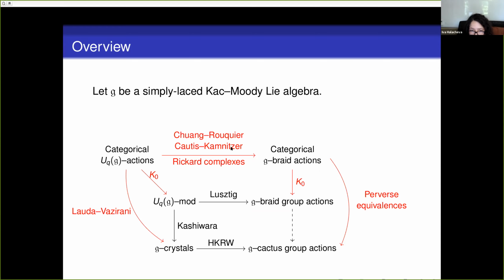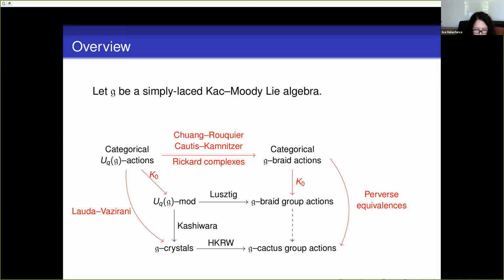We would like to look at these Rickard complexes in more detail and understand how to get to a cactus group action from them. Okay, so that's my first slide, and that already took 5 minutes, but I don't have too many slides, so hopefully I'll be on time.